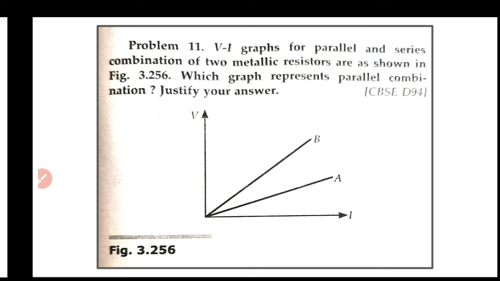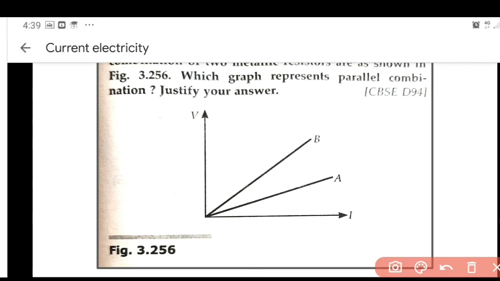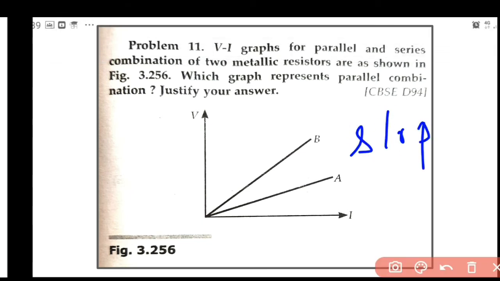Resistance. So that is the point to be noted. For this type of graph, the slope gives what? Resistance. Slope is equal to resistance, because that slope itself gives resistance. Okay, now it's given, it shows for parallel and series combination of two metallic resistors. You're asked to find which one represents parallel.